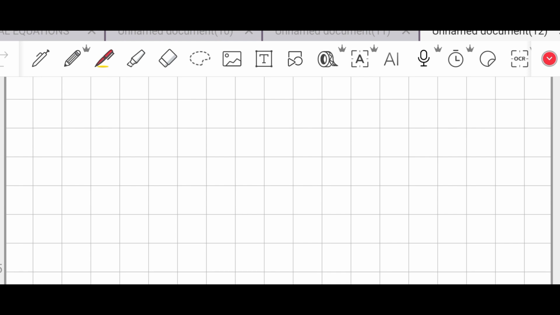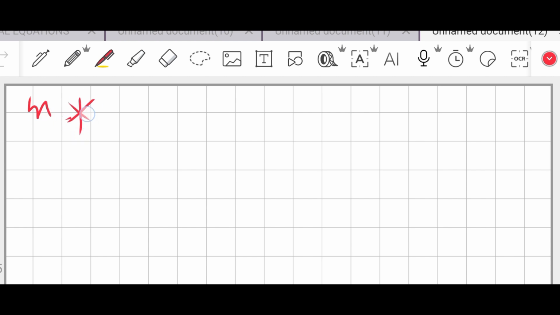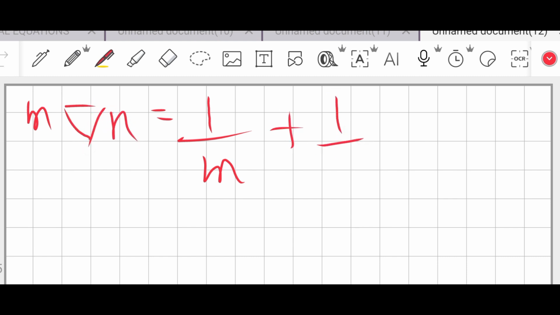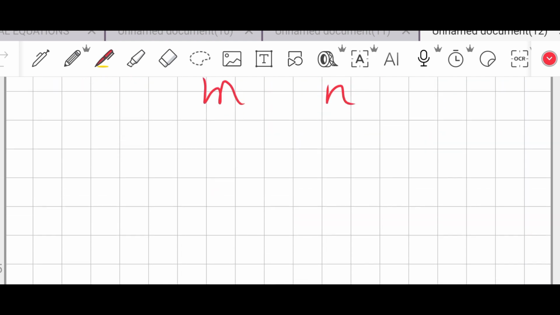Remember, our rule was given by m operation n being equal to 1 on m plus 1 on n, and we're told to evaluate 2 operation 3 and then 3 operation 2.